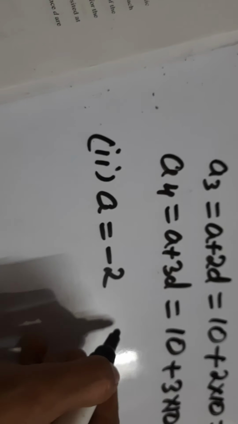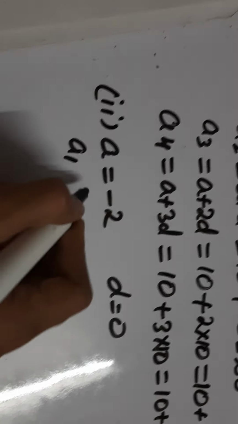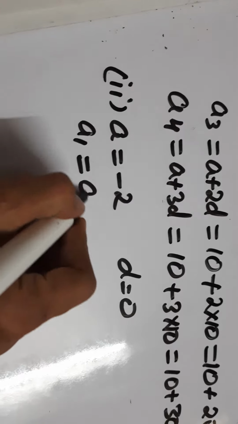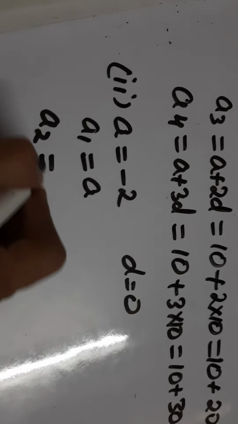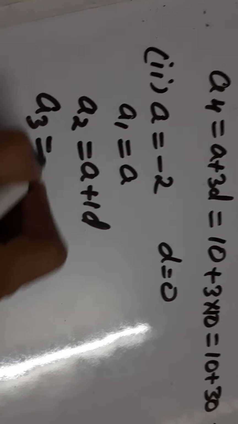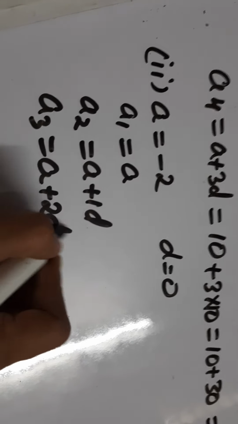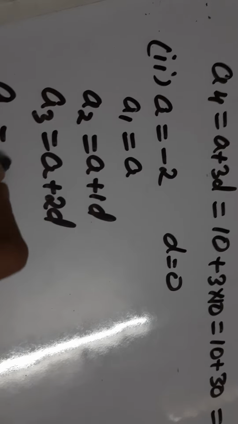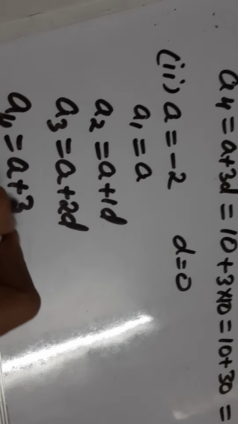Similarly, next is the second part of the second question. a is equal to minus 2 and d is equal to 0. So let us find the first 4 terms. a1 is equal to a, a2 is equal to a plus 1d, a3 is equal to a plus 2d, a4 is equal to a plus 4 minus 1, that is 3d.